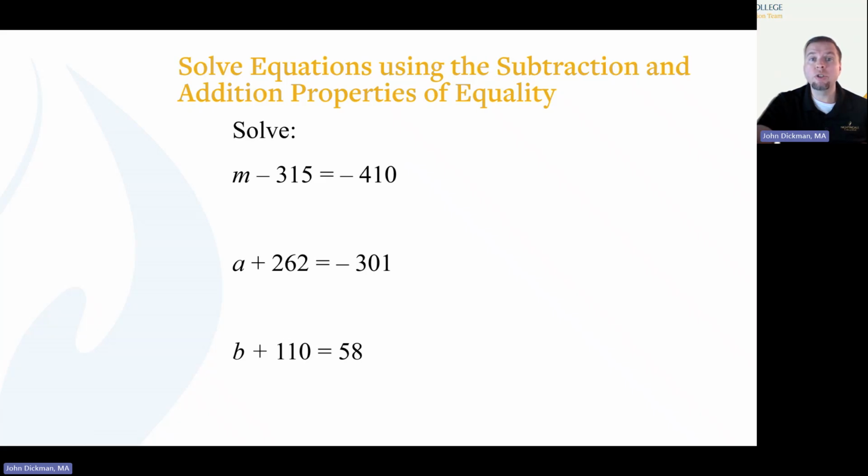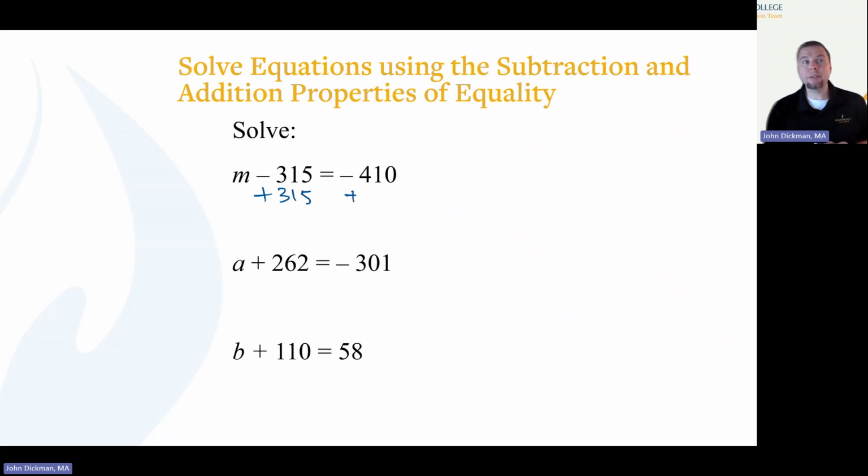We're reverse engineering what's happening to the variable so that we can figure out what that variable has for a value. So in this case, 315 is being subtracted from m. So we want to add 315 to both sides of the equation to get rid of that.